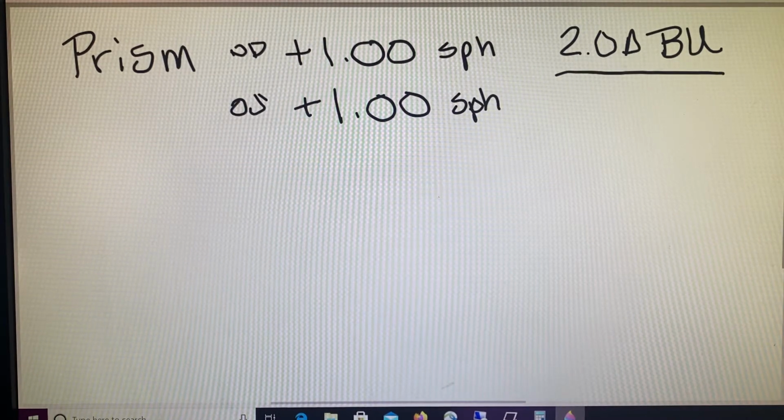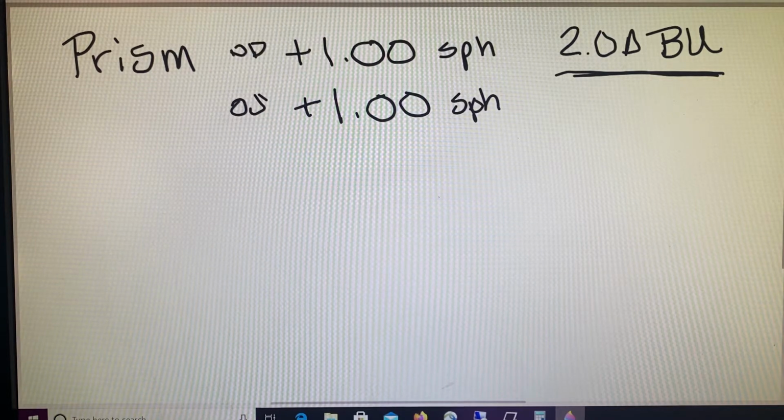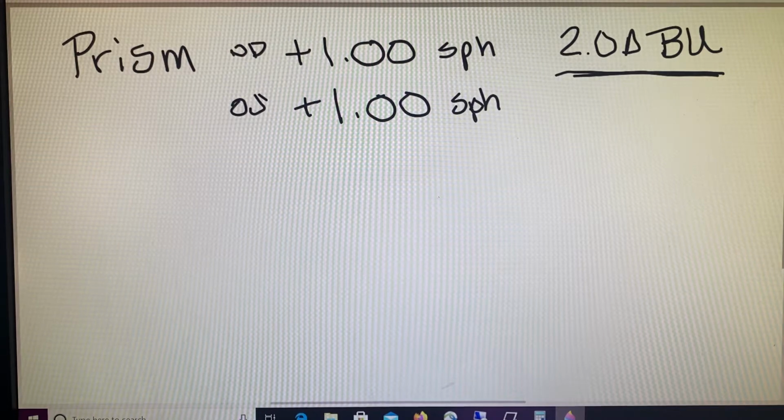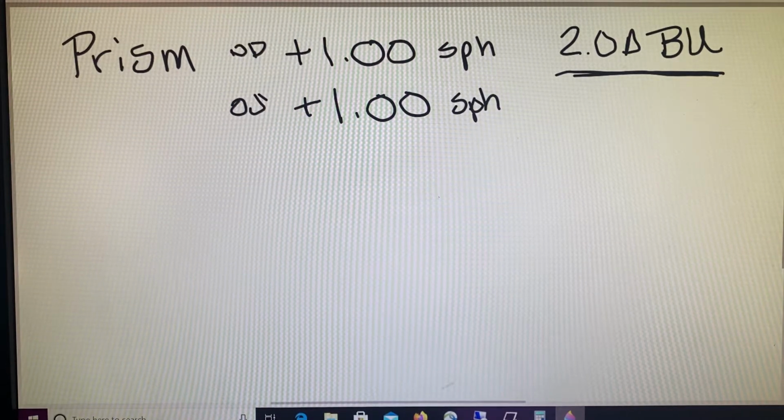Having 2 diopters of additional Prism on just the right side does definitely change the weight of that lens and the thickness of it. So for purposes of making the glasses more balanced and more cosmetically appealing, generally the lab will split the Prism up between the 2 eyes.